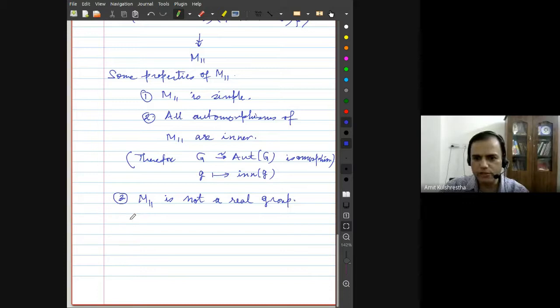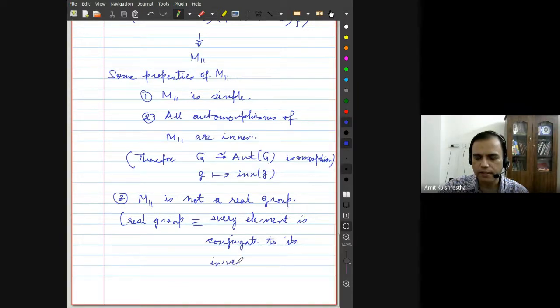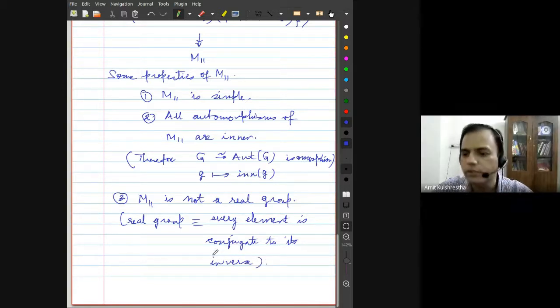So what is a real group? Just to recall. A real group means every element is conjugate to its inverse. Okay, so groups in which elements are conjugate to their inverses are called real groups.